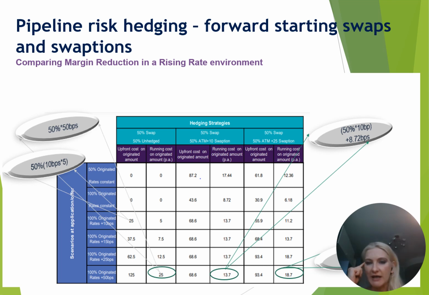Now, obviously, you would like to mitigate the risk of the transaction. You are acquiring the payer swaption at the rate of 4%. But it only happens if the rates move up to a certain level, so to 6%.